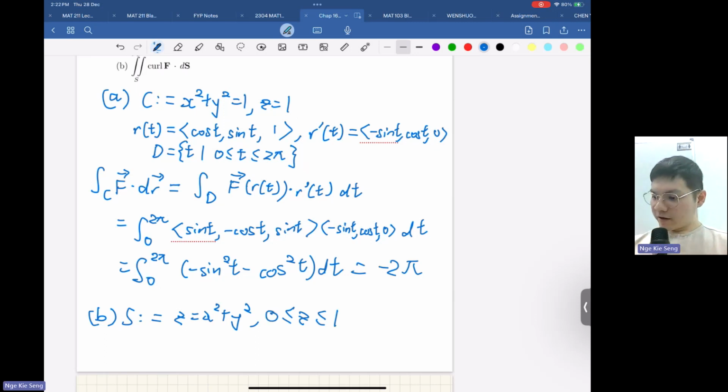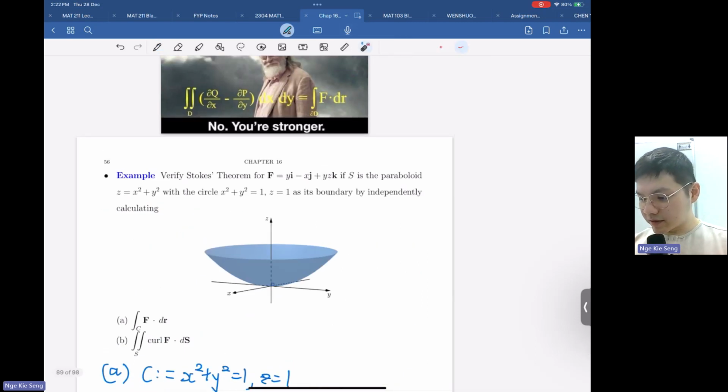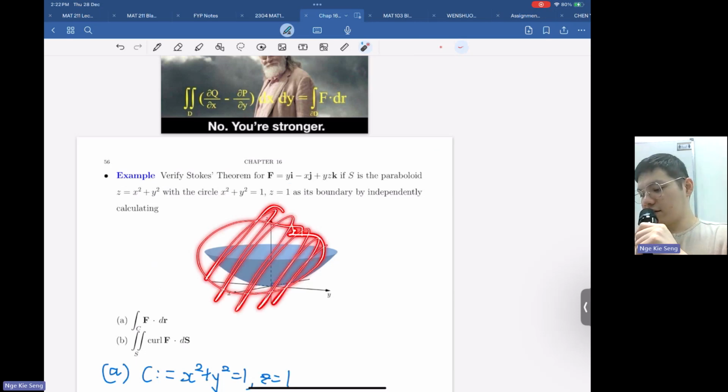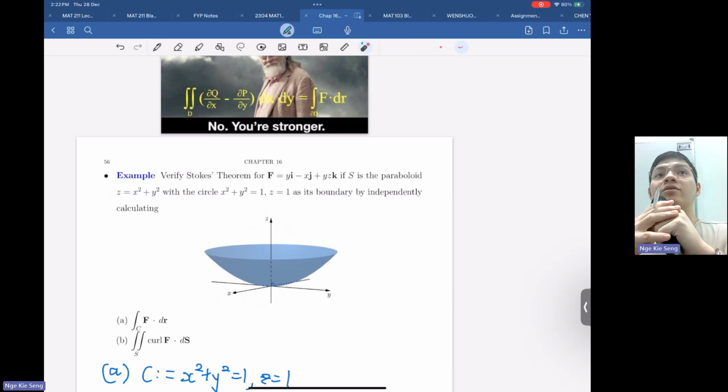If I don't draw this picture, do you know it is bounded below by 0? Without this picture, can you see or not? This function is z equals x squared plus y squared, so x squared plus y squared is always positive.